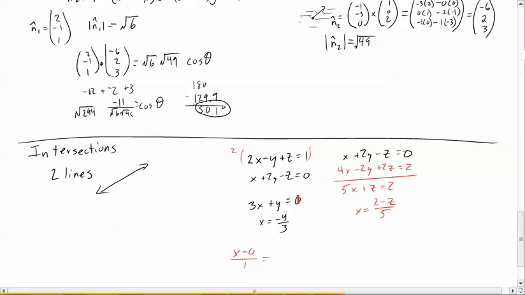That should have been a 1. So then it's 1 minus y, so this will be (y minus 1) over negative 3, which is also equal to (z minus 2) over negative 5. And that right there is the equation for a line. And that is the line where these two planes intersect.